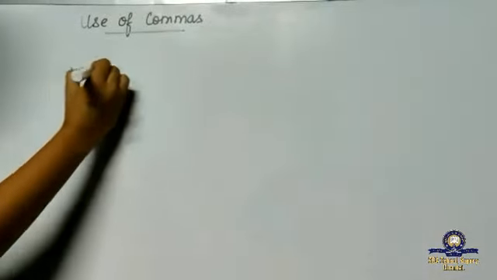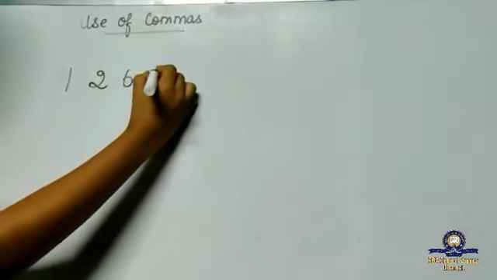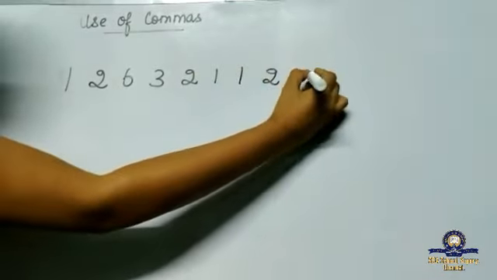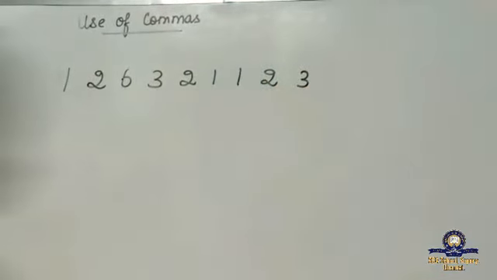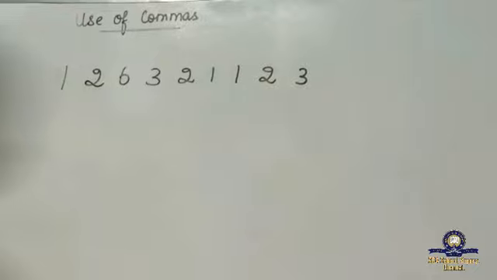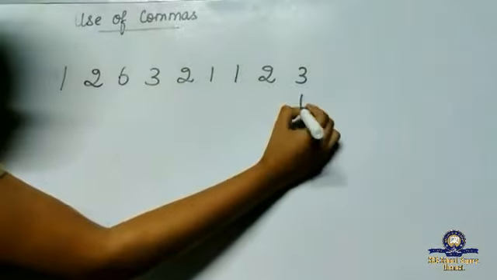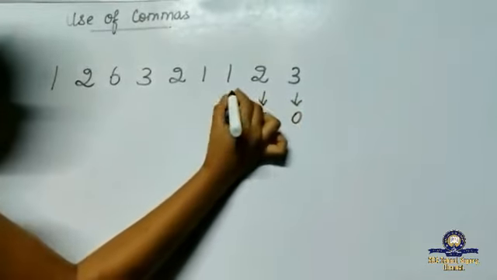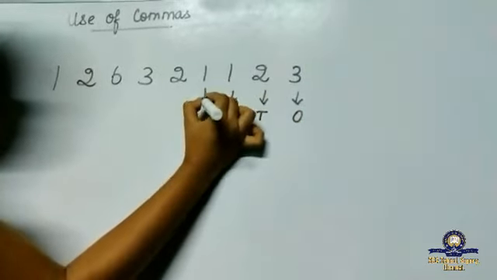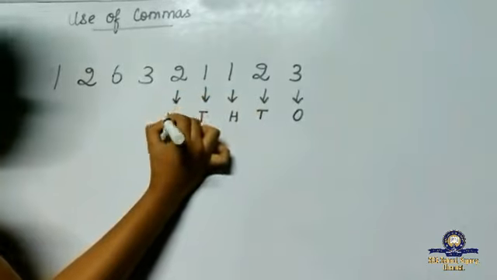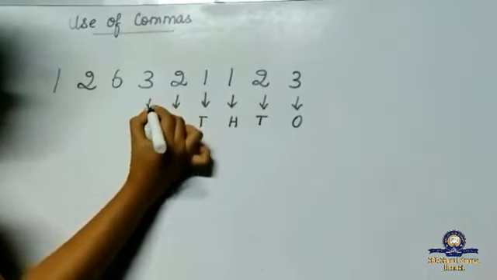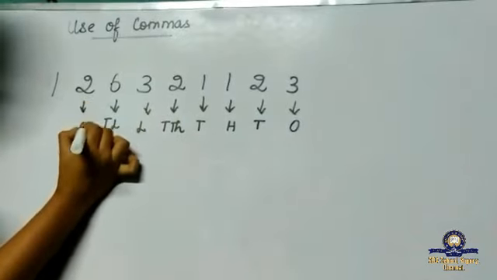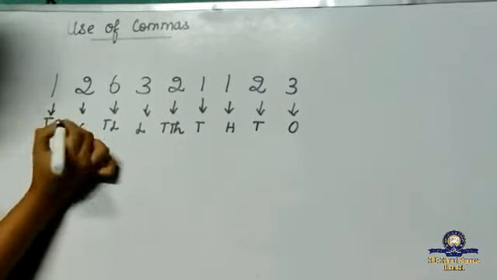Given a number 1, 2, 6, 3, 2, 1, 1, 2, 3. Students, do you all remember the place values in the Indian place value chart? This is the ones place, tens place, hundreds place, thousands place, 10,000s place, lakhs place, 10 lakhs place, crores, and the 10 crores.